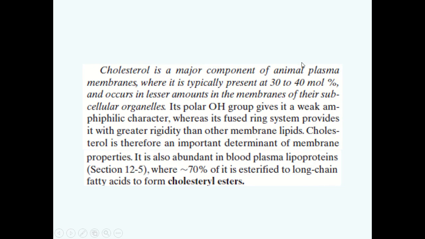Cholesterol is an important constituent of the animal cell membranes. Cholesterol is a planar structure and a rigid ring system. If inserted into the membrane, it decreases membrane fluidity.